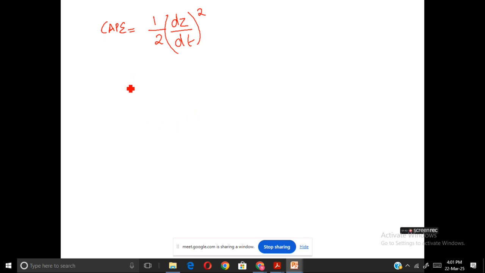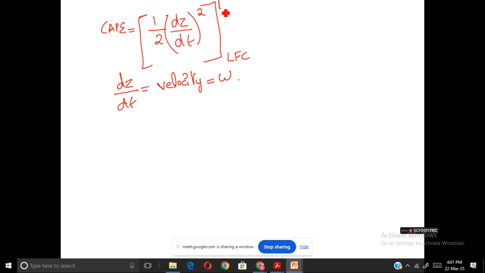This is CAPE. Now dz by dt is basically the differential of the displacement. It is nothing but velocity. Since it is in the vertical direction, we can write it as w. This is from a finite integral, from LFC to LNB.